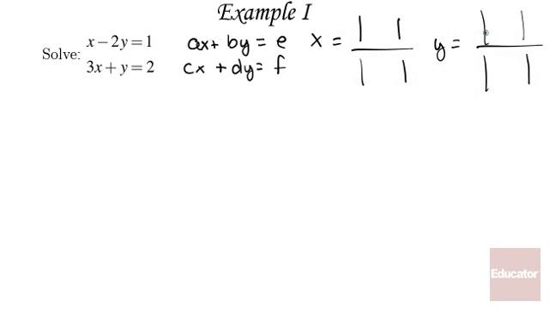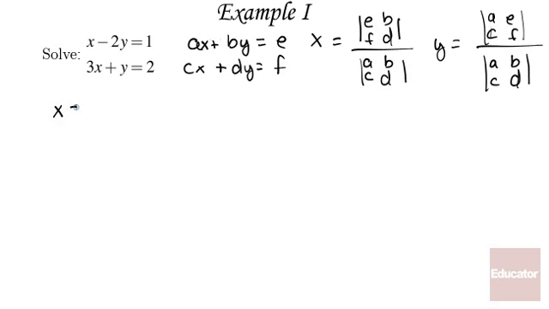In the denominator, I'm going to have a determinant that consists of AC, coefficients of x, in the first column, BD, coefficients of y, in the second column. And that's going to be the same for both. In the numerator, I'm going to replace this first column with the constants. The second column will remain the same, coefficients of y. Here, the x column still will have the coefficients of x, but the second column where the y coefficients were, I'm going to replace with the constants EF.